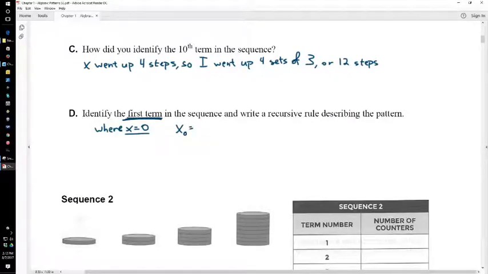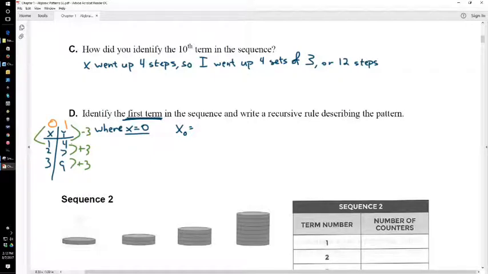If we go back and look at the table, remember we had x, y, we had 1, 2, 3, and we had 4, 7, 9. We're going up by 3, so we just need to go down by 3 to get to 0. So 4 minus 3 is 1. So your starting point is 1.